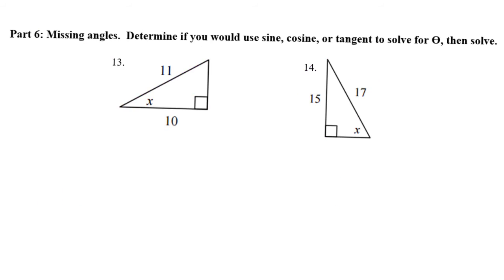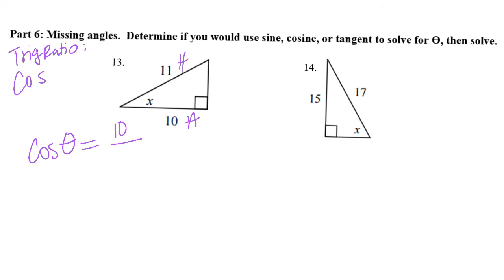All right, looking at these, we're solving for the angle. So we want to identify what we have first. We have the adjacent and the hypotenuse here, which means our trig ratio is cosine. So we're going to say cosine of our unknown. You can use x or you can write theta. Is adjacent, which is 10, over hypotenuse, which is 11.